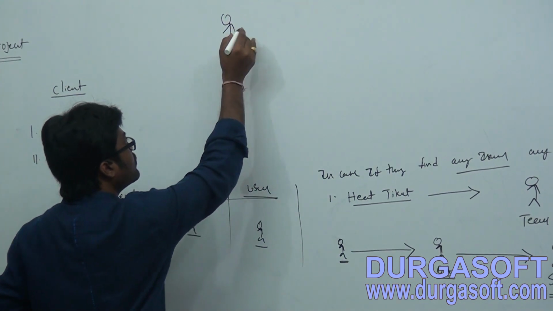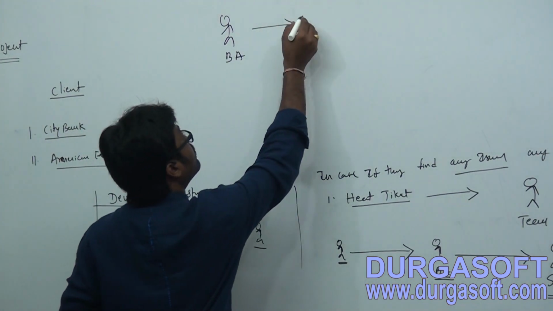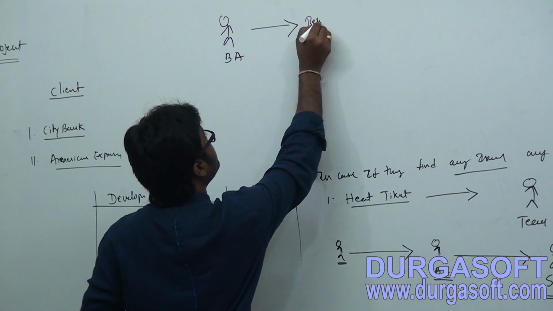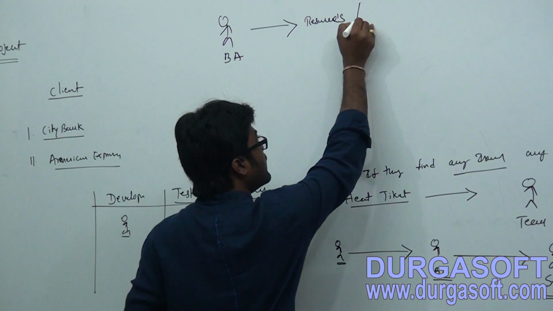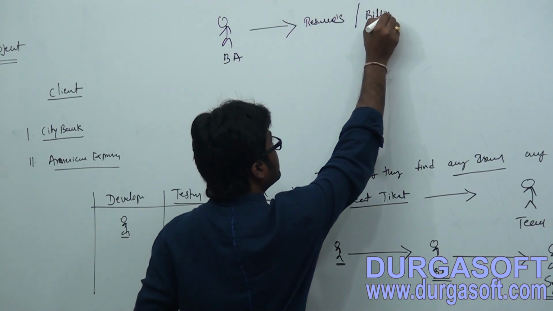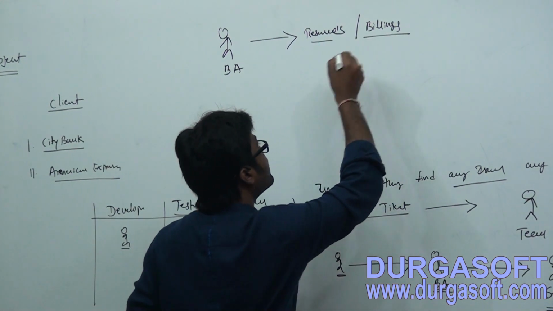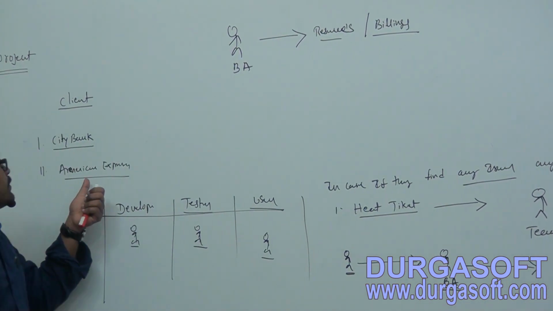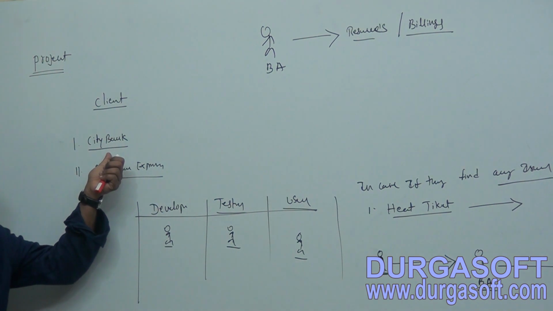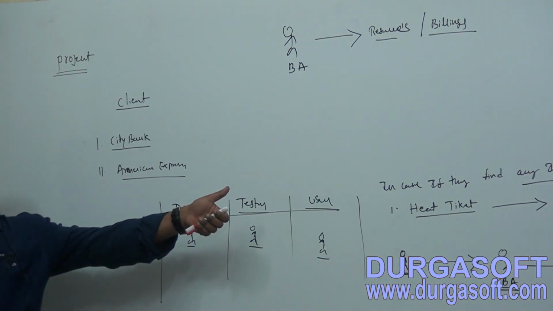Again, what does the BA need to do? He needs to find the required number of resources and billing details. For example, if it is an enhancement, or an existing project with simple modifications.